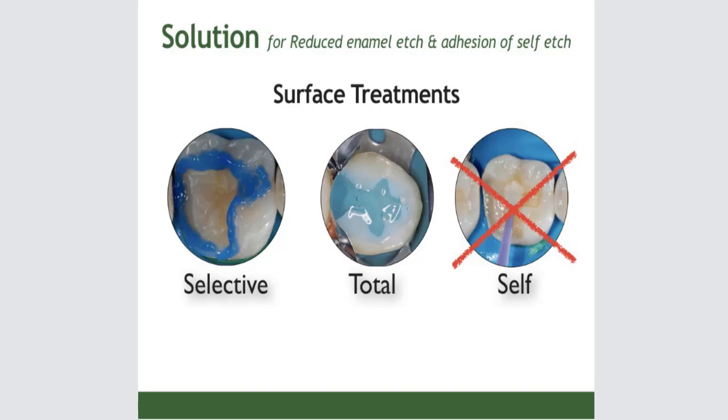I don't rely on a self-etch, even though the manufacturers will tell you you can rely on a self-etch. I just don't do it because the studies aren't there to prove that. So I'm going to propose a selective or total etch technique, and this should allay any confusion in the adhesive realm. Again, I'm not a proponent of using just one adhesive for all situations.